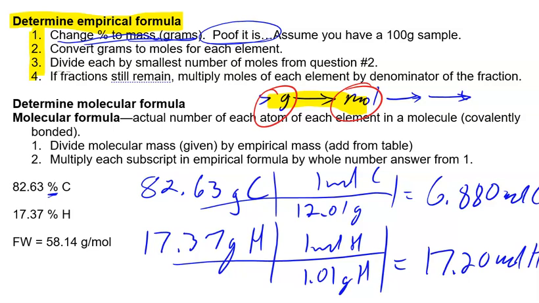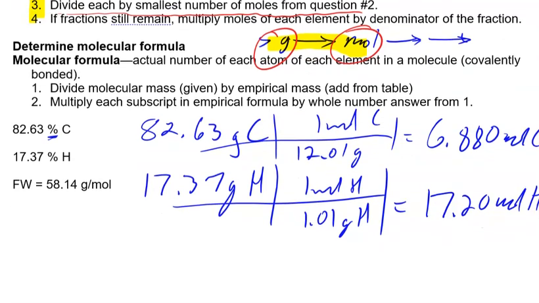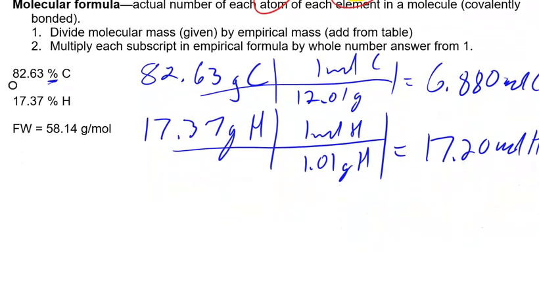Now the third one says to divide each by the smallest number of moles. So these are going to be whole number ratios, and you want to keep the ratio constant. However, the answer can't be C6.88H17.20. That doesn't really work. We need whole numbers. So we're going to take these 2 numbers and divide by the smallest one.